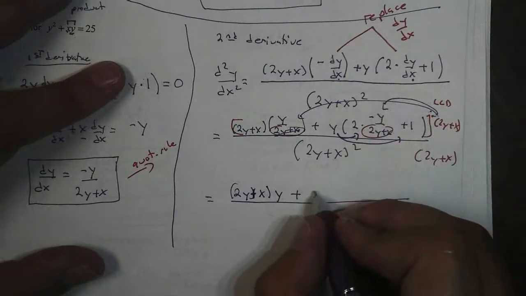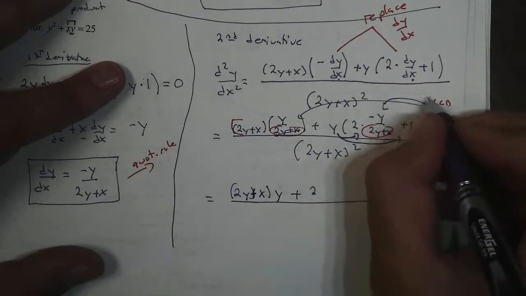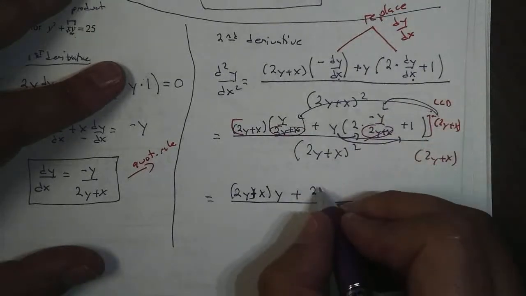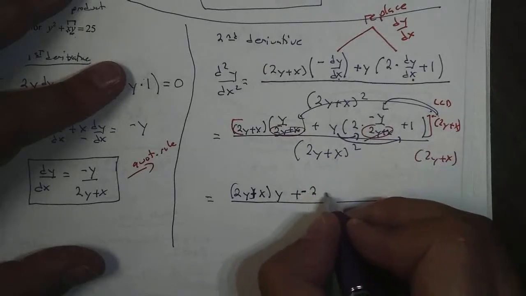This becomes, if I distribute here, that cancels. Sorry, not positive 2, it becomes a minus 2y squared here.